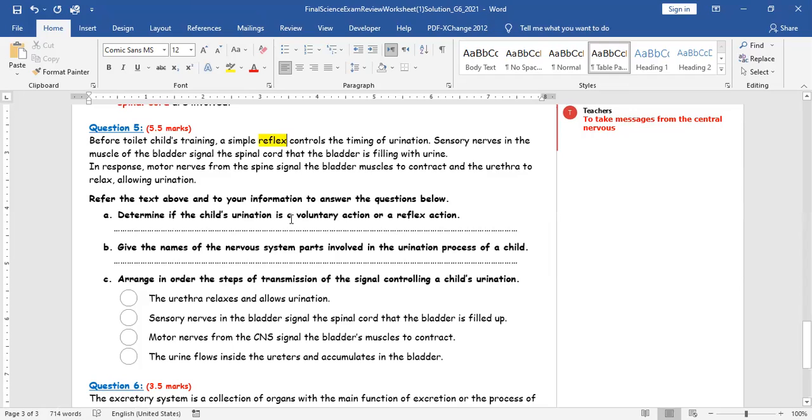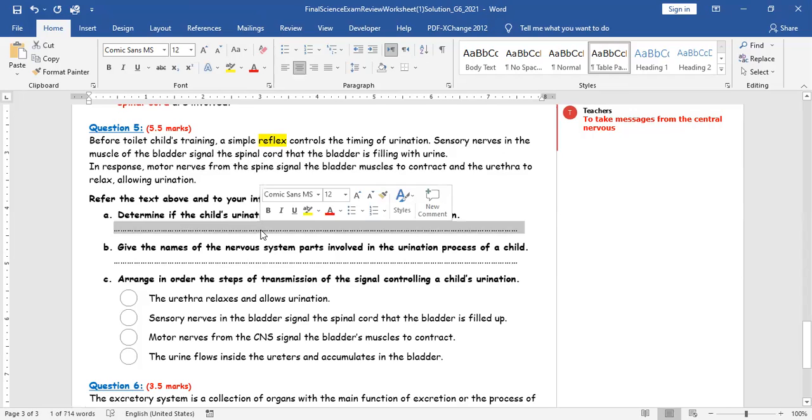So what do you think? Is it a voluntary action or a reflex action? And then don't pay attention that it's the spinal cord or the spine that is leading or controlling this action.